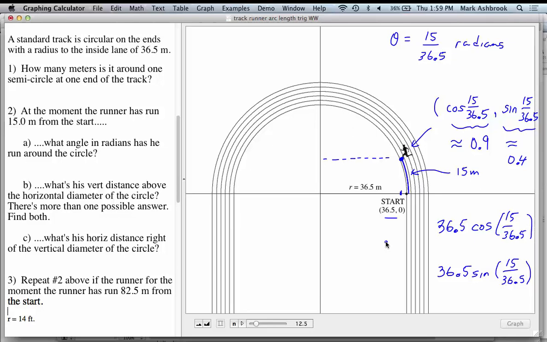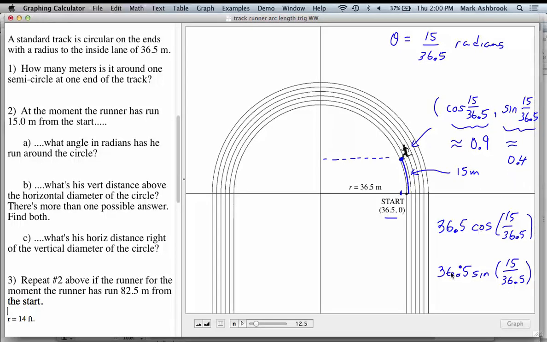Find the sine of 15 over 36.5, and we're thinking that's about 0.4. 0.498? It can't be 4 point something. I just want the sine right now. 0.399. Look at this, you guys are awesome. 0.4 is our guess, we got 0.399.